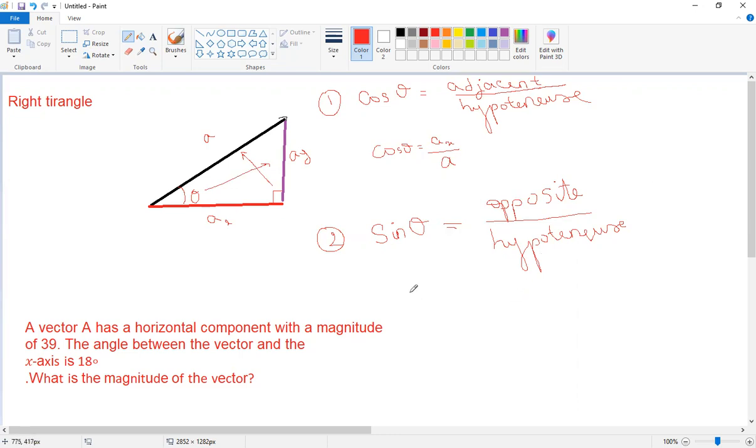So sine theta is equal to ay, the opposite side, over the hypotenuse, which is A. So these two rules help us find the components, and in the next video we will do an exercise to better understand how we can use these two rules.